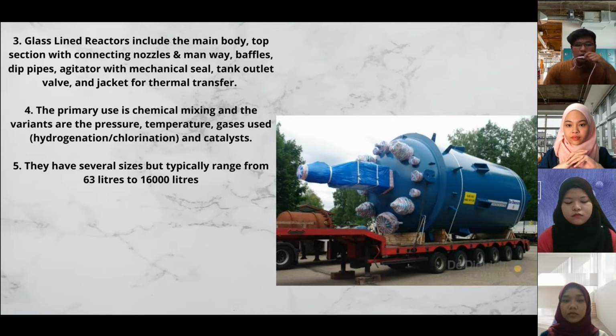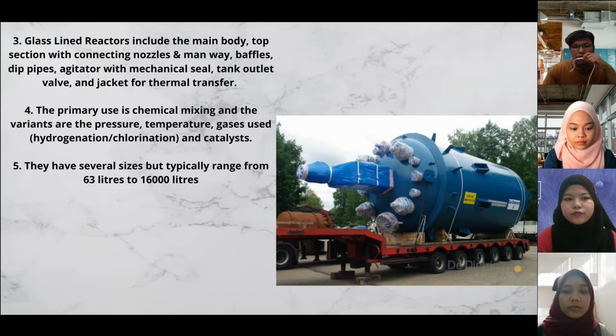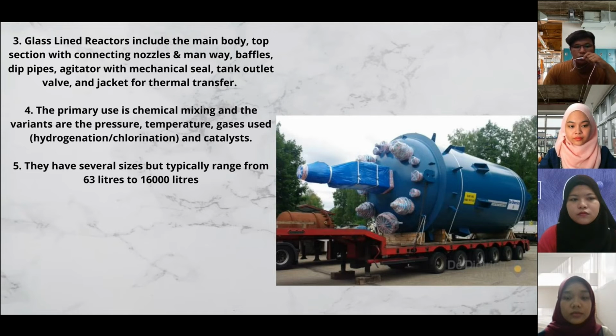Next, the primary use is chemical mixing, and the variants are the pressure, temperature, gases used such as hydrogenation and chlorination, and also catalysts. And lastly, they have several sizes, but typically range from 63 liters up to 60,000 liters.